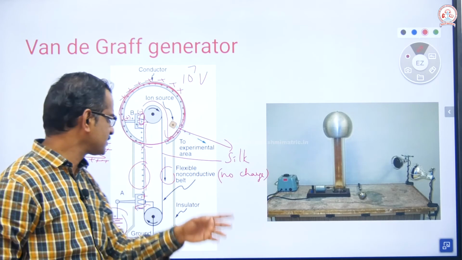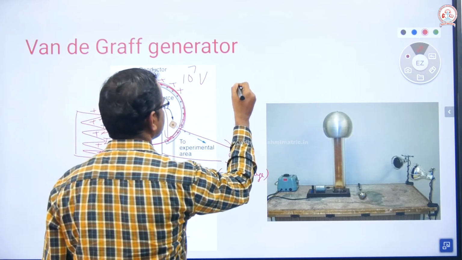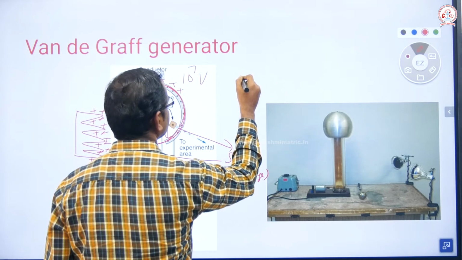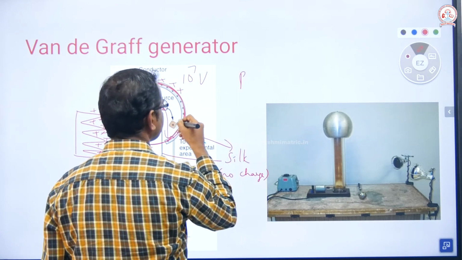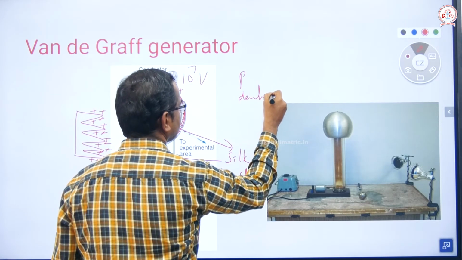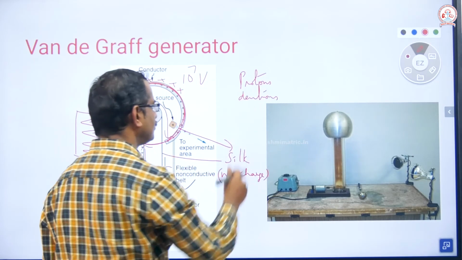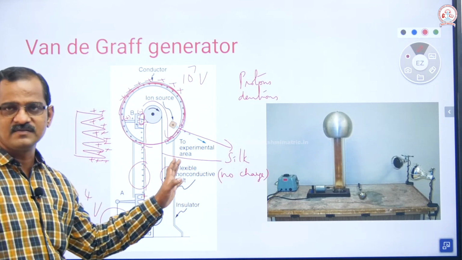The particles can be used. The positive ions, protons and deuterons can be accelerated using Van de Graaff generator.